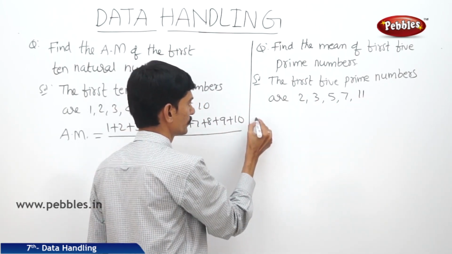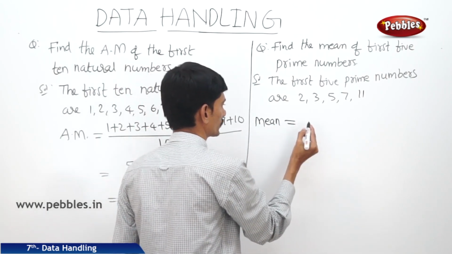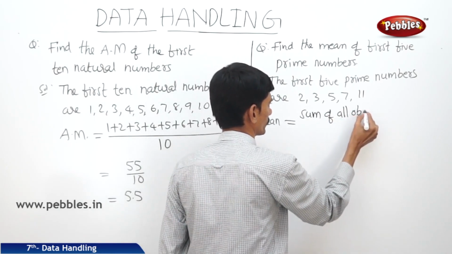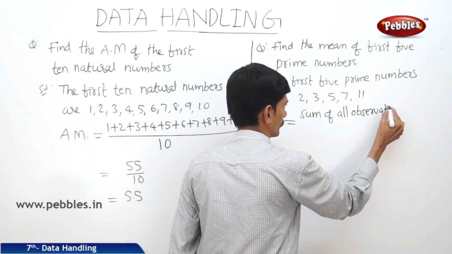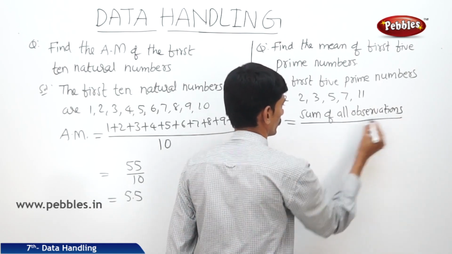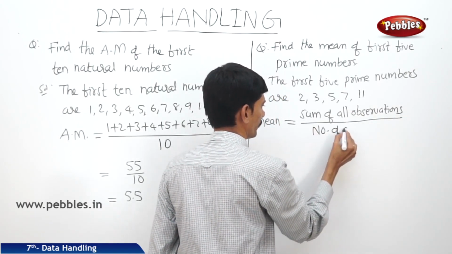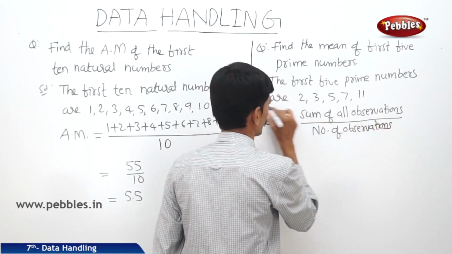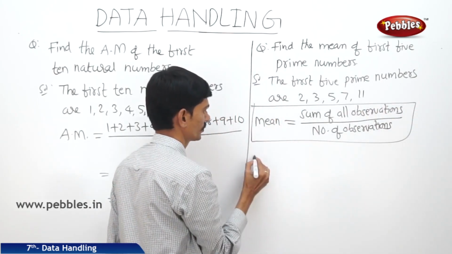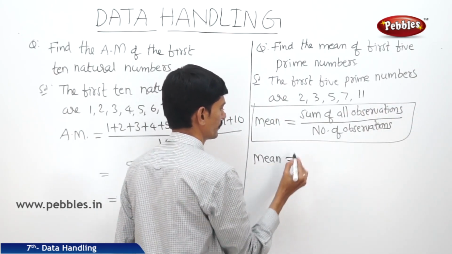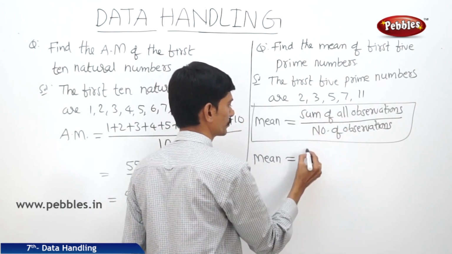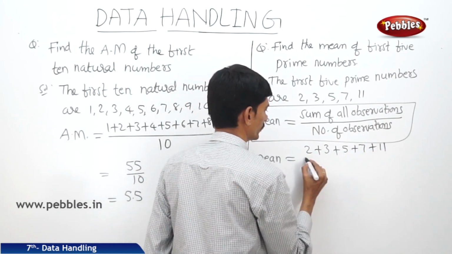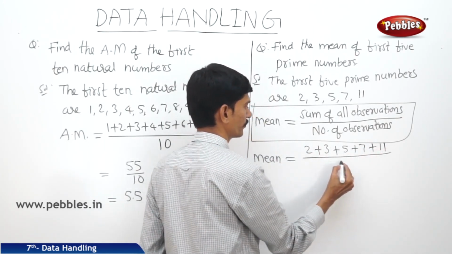Now the arithmetic mean equals sum of all observations by number of observations. So mean equals sum of all observations, means 2 plus 3 plus 5 plus 7 plus 11 by 5.